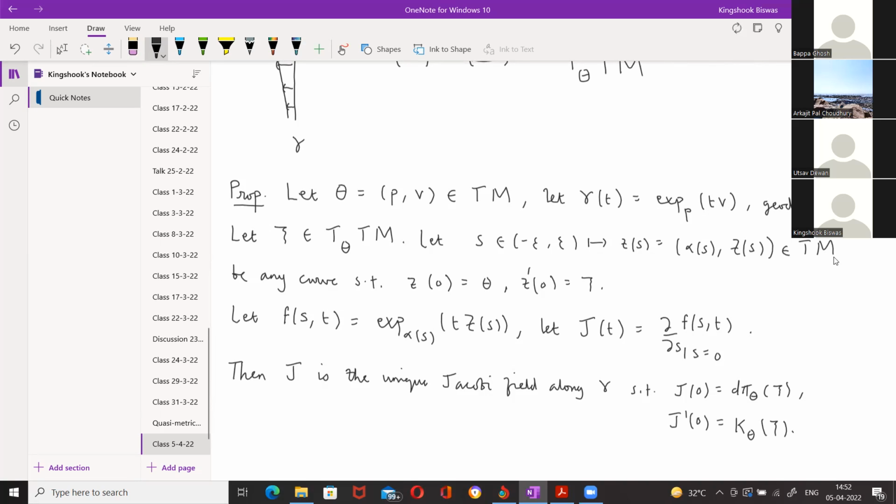So we denote J by J sub xi, because this only depends on xi.